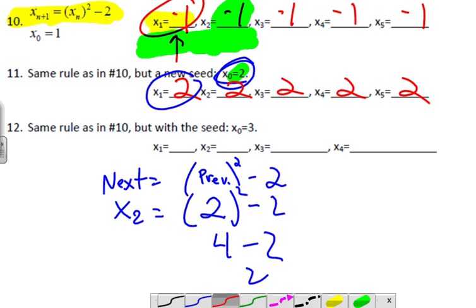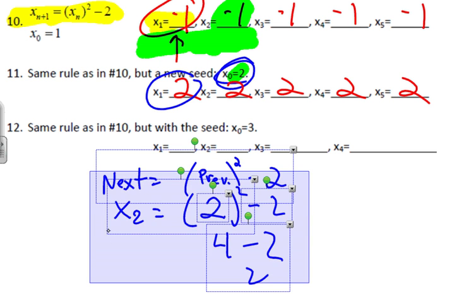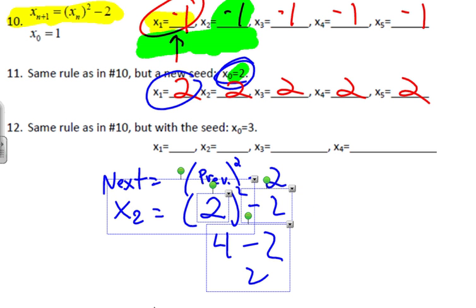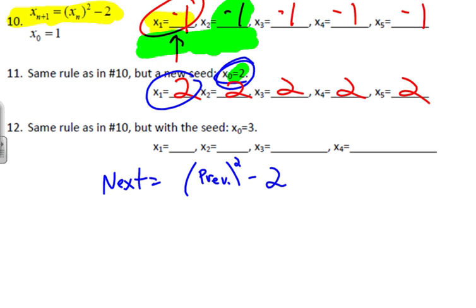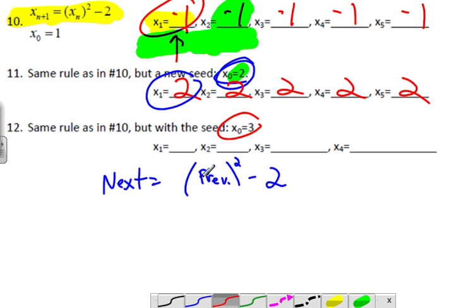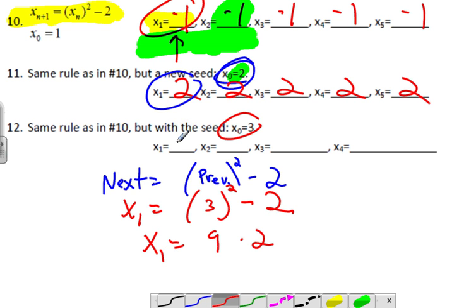And number 12 is going to use the exact same rule, but again, a different seed. So let's see if the behavior is any different. So beginning with the seed value, and number 12, the seed value is 3. So to get the first iteration, we'll have to use the one that came before that, which is the 0 iteration, or the seed. Square and subtract 2, the same rule. So the first iteration is 9 minus 2, which is 7.